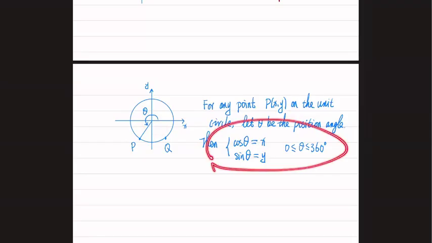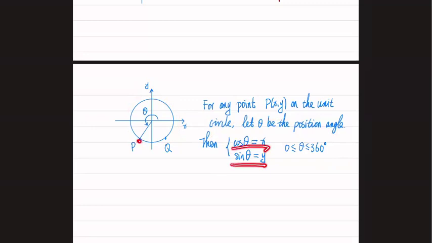This formula applies to the first, second, third, fourth, to any point on the circle. What about the third one? For the third one, we still have this. If the point is in the third quadrant, it means cosine is negative, sine is also negative. Both are negative. But for the angle, what's the constraint?